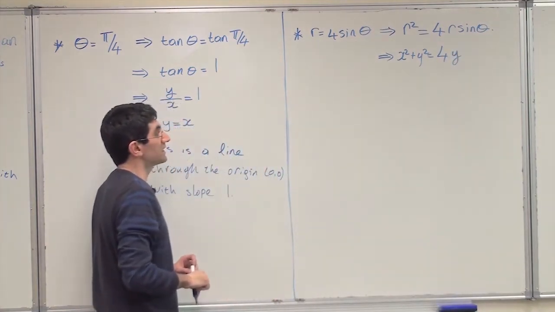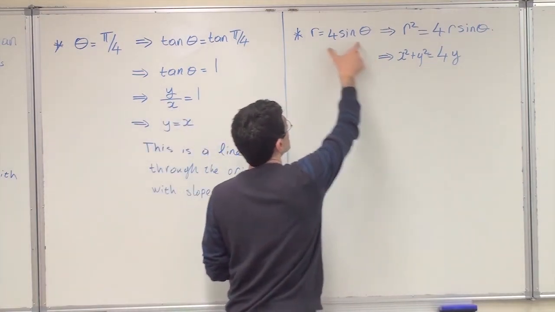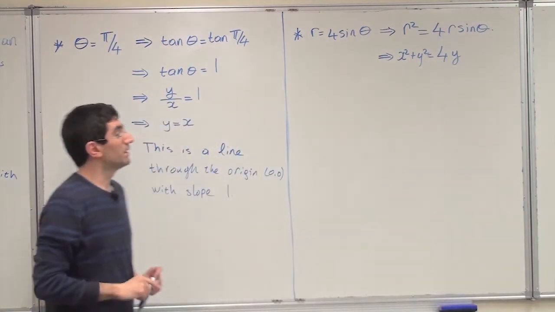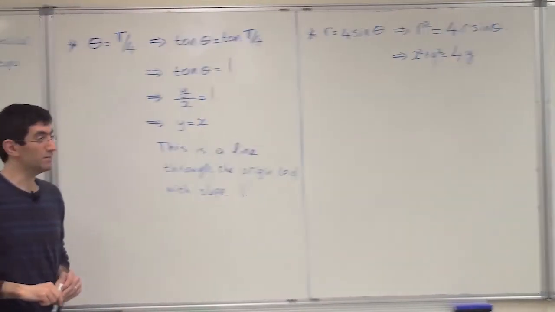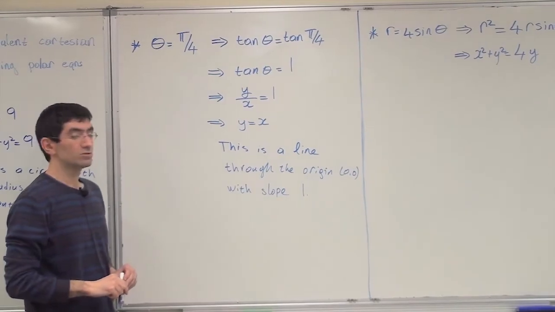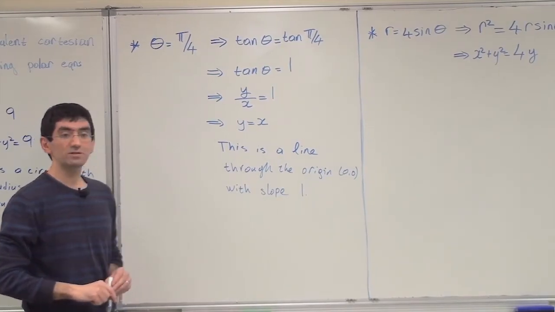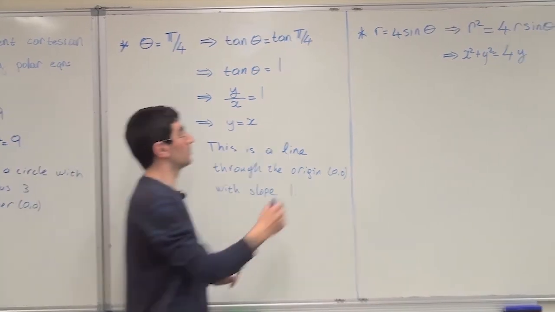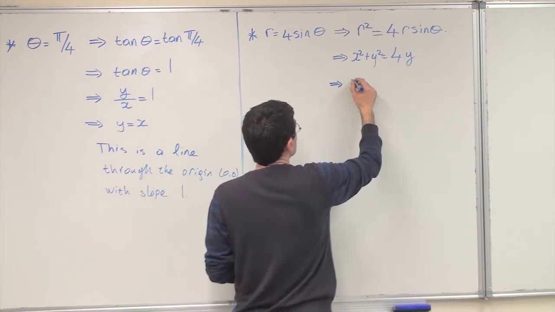Now, this is a Cartesian equation which is equivalent to this polar equation. So which means that as a solution it is enough. However, in order to identify this Cartesian equation, we have to rewrite this in a different form. So, we continue.